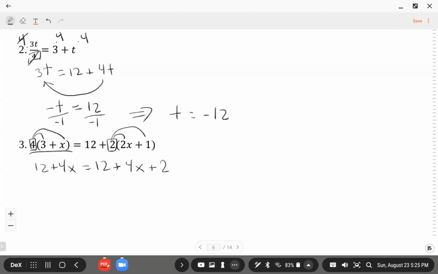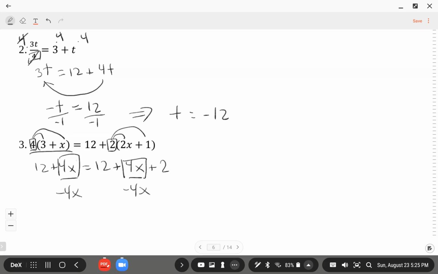And there we go. And now you might notice that we have a 4x on both sides. And what you can do is subtract 4x from both sides.